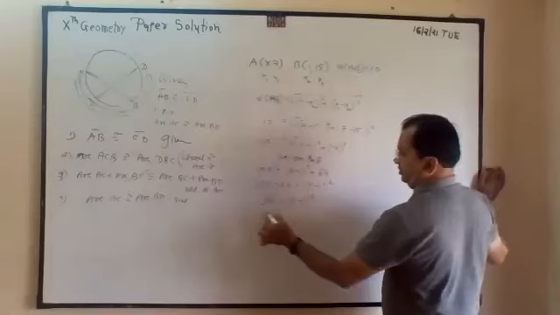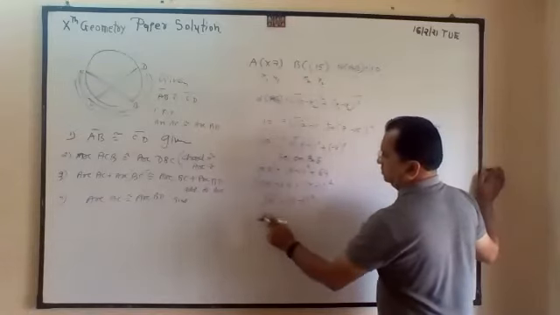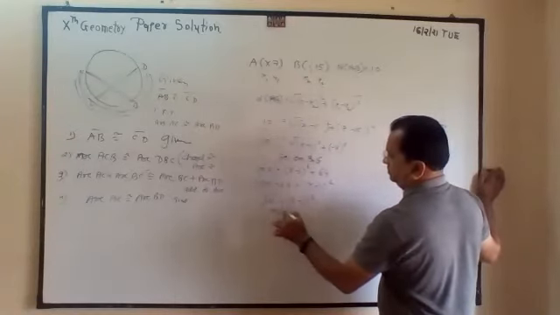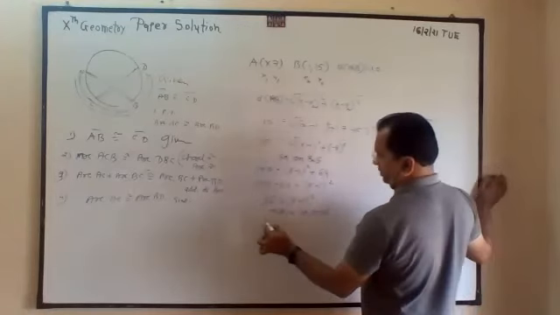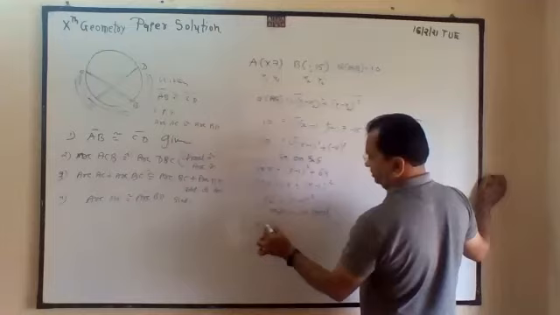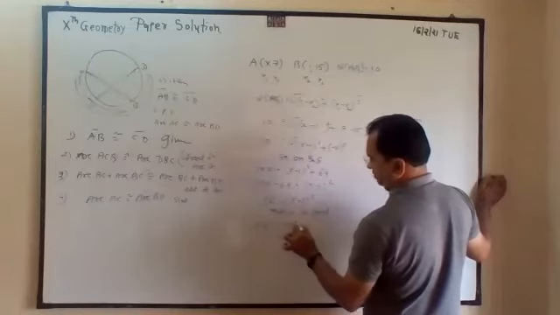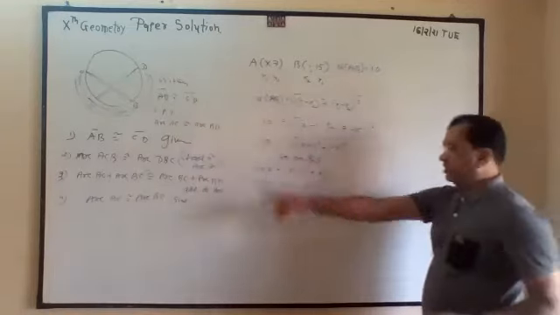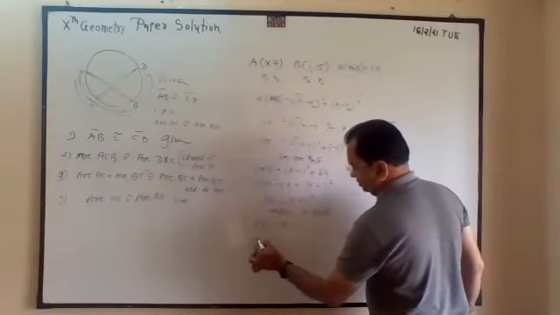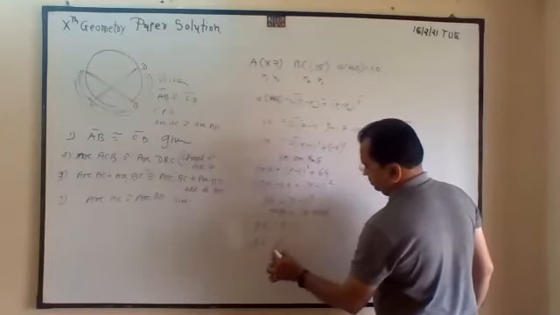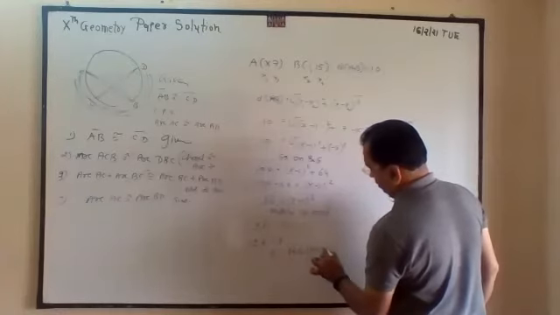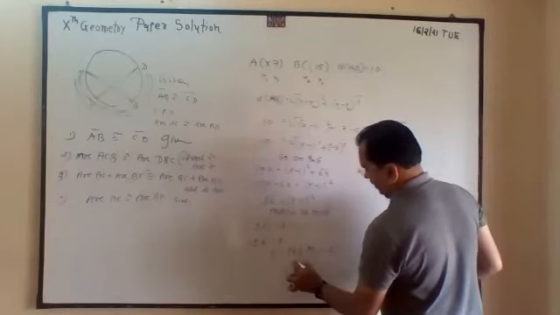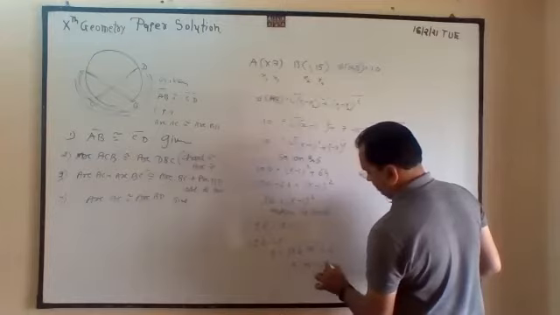Taking square root on both the sides. So plus or minus 6 is equal to x minus 1. So this one goes this side, so it becomes plus. So x is equal to 1 plus 6 or 1 minus 6. So it can be 7 or minus 5.